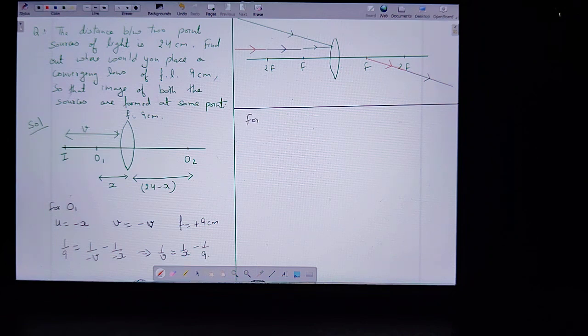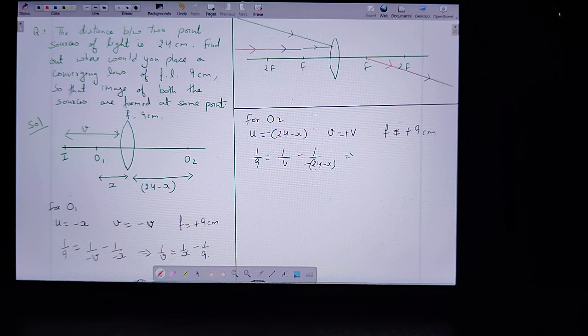And for O2, my object distance is minus (24 minus x). Image distance will be taken as v positive, and focal length is plus 9. Using lens formula, we'll get 1 by 9 equals 1 by v minus 1 upon minus (24 minus x).